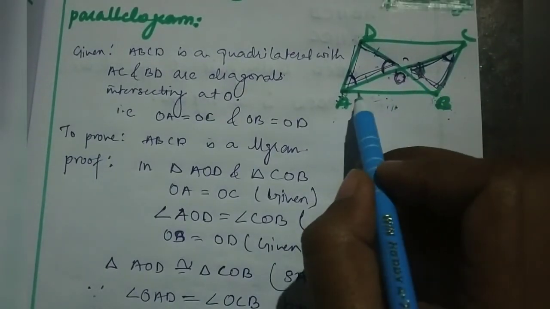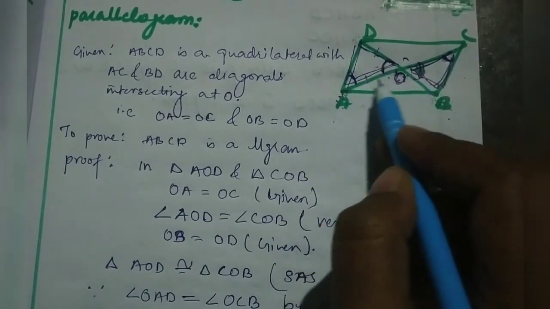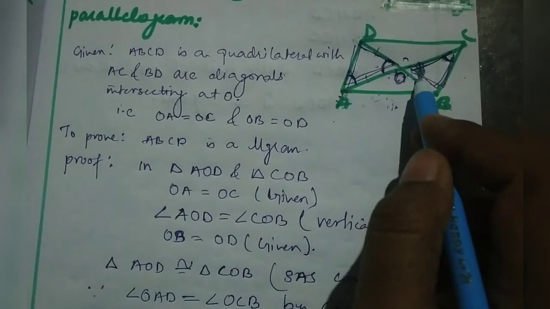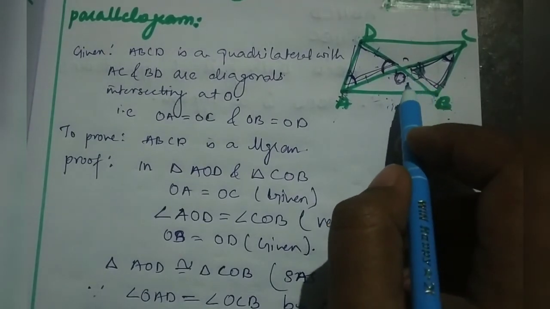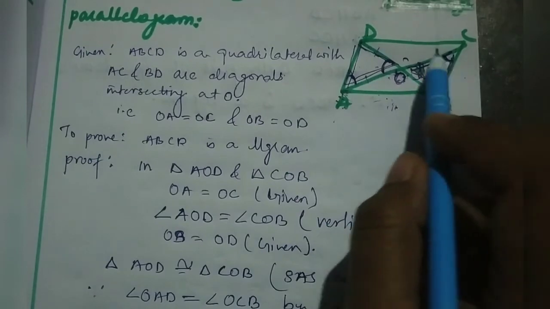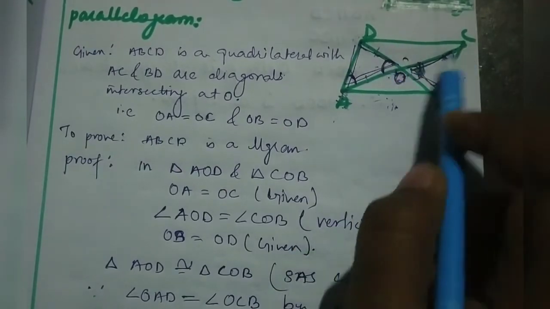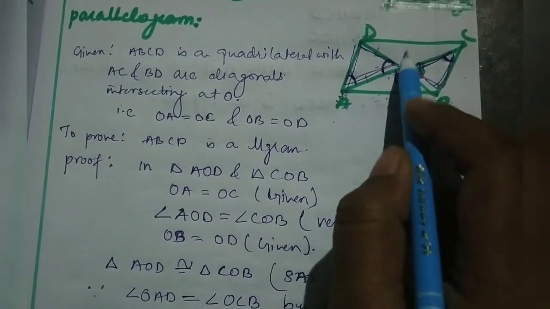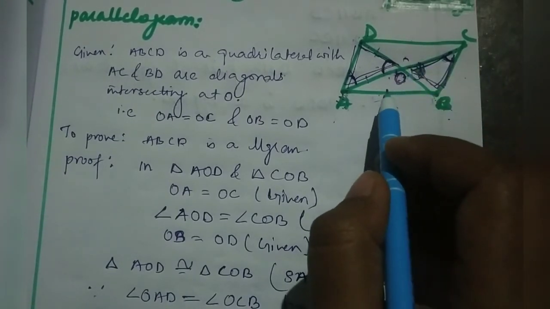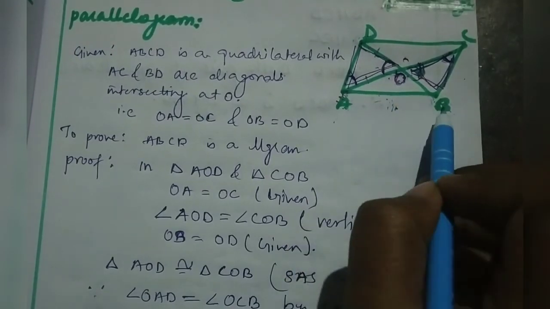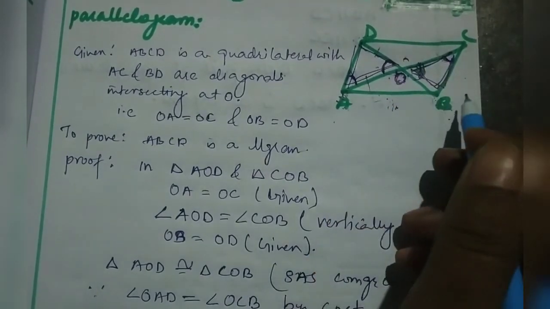Again, we take triangles AOB and DOC, with OA equals OC and OB equals OD, and angle AOB equals angle COD, vertically opposite angles. So we can prove that triangle AOB and triangle COD are congruent to each other. With the help of CPCT we can prove that angle OAB and angle OCD are equal.